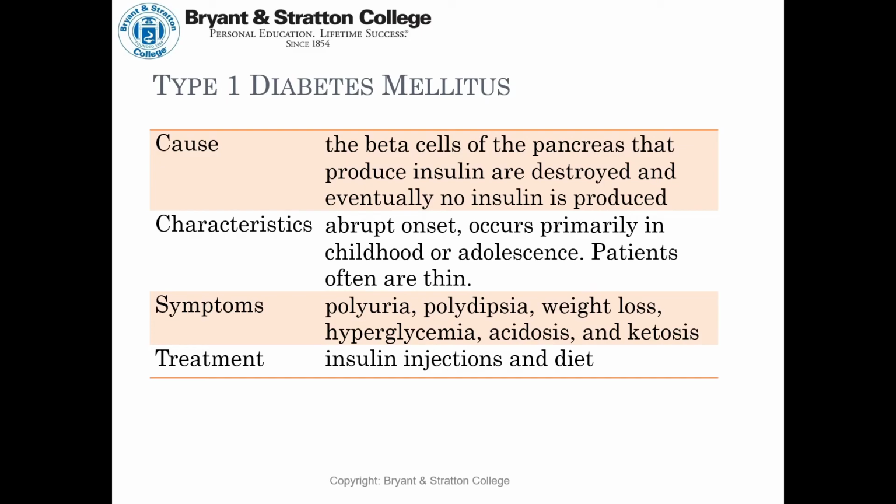So type 1 diabetes, again, just talked about it. The beta cells of the pancreas that make insulin, they get destroyed. We don't exactly know why this happens. As I mentioned before, it typically starts in childhood or adolescence, but there are people that get diagnosed with it in their early 20s.